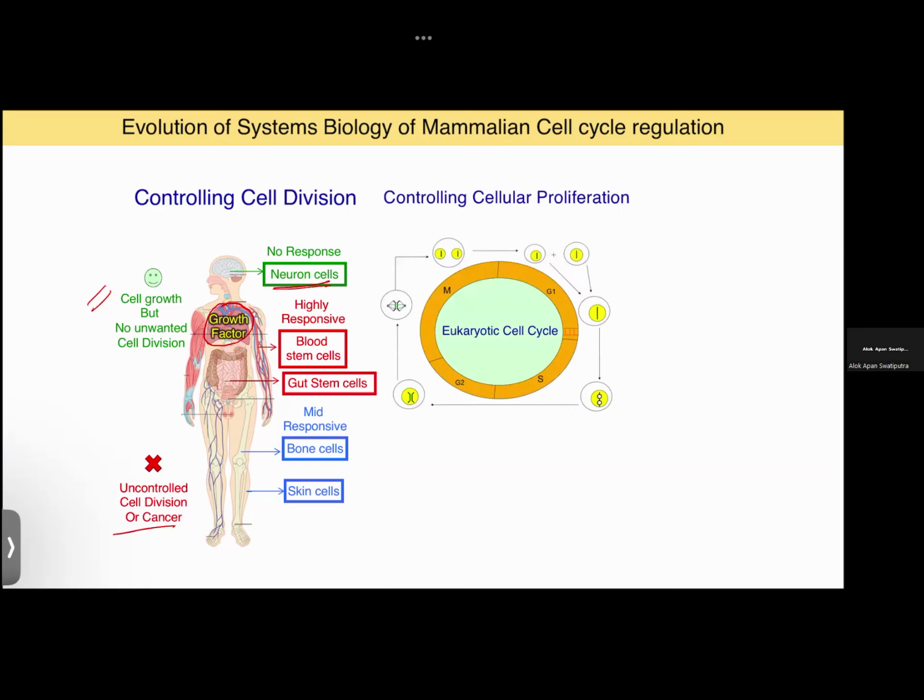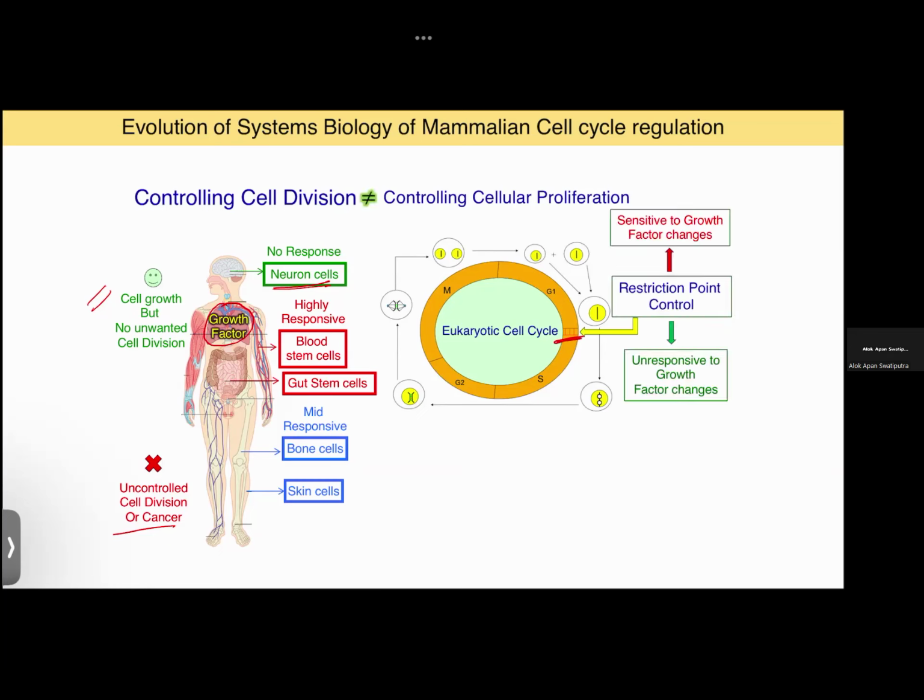So how does this control operate? Remember yesterday, I had showed you something called the E2F switch, which I had said acts as a checkpoint at this G1/S transition switch. And this E2F, along with something called RB, which is the retinoblastoma protein, you can call it RB, E2F combined with RB controls this restriction point of your G1/S checkpoint.